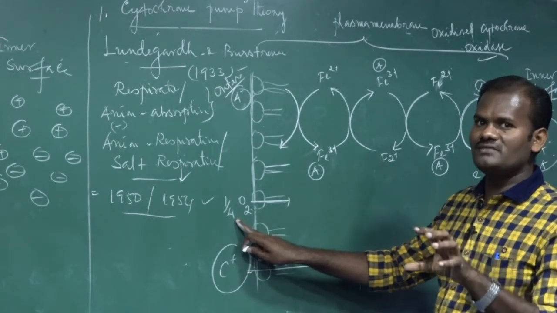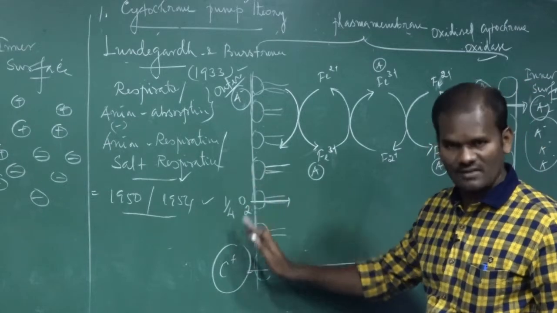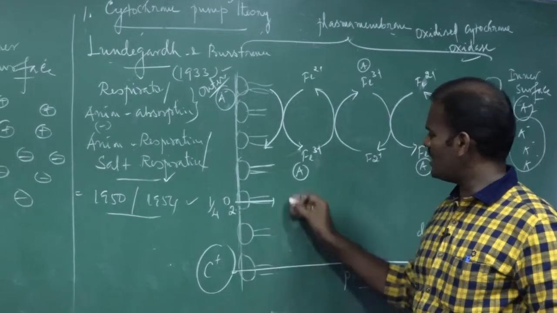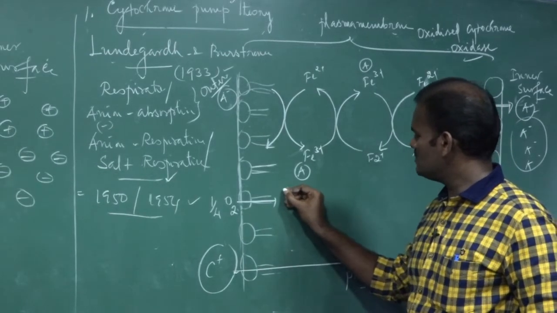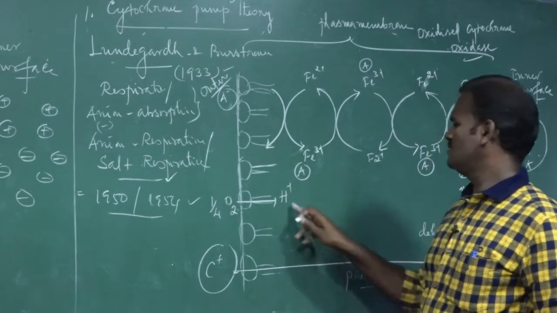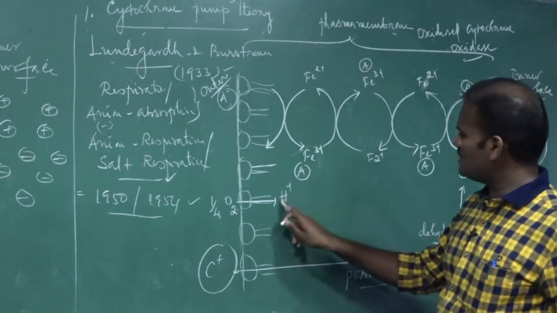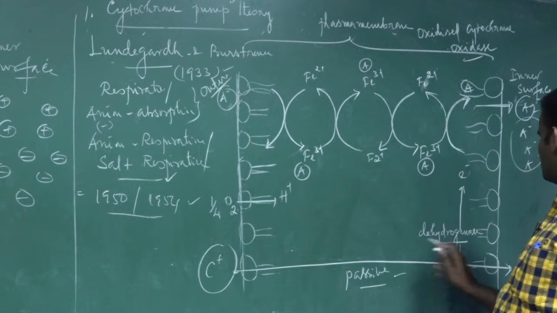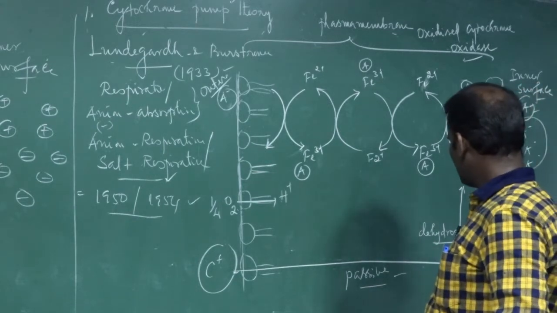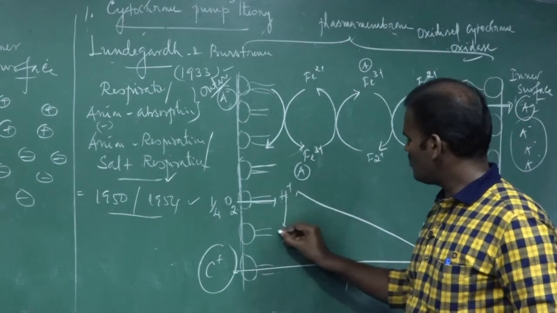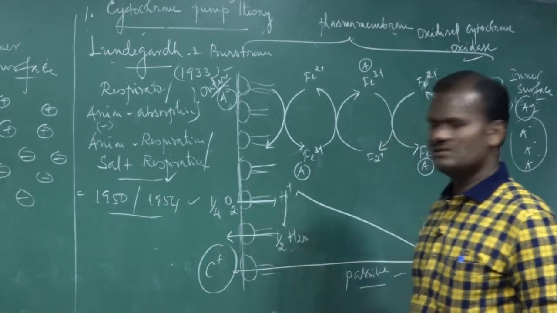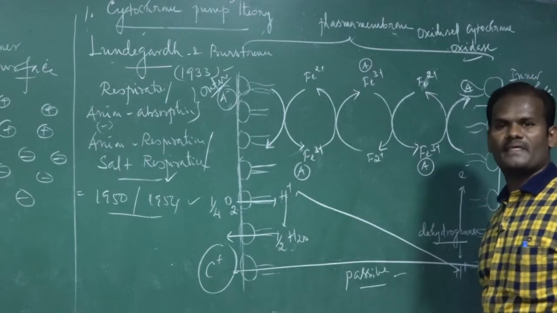The oxygen gradient is responsible for oxidation and reduction. Oxidation takes place on the outer surface of the membrane, and reduction takes place on the inner surface of the membrane. The presence of oxygen is greater on the outer surface. As a result, a water molecule is formed.